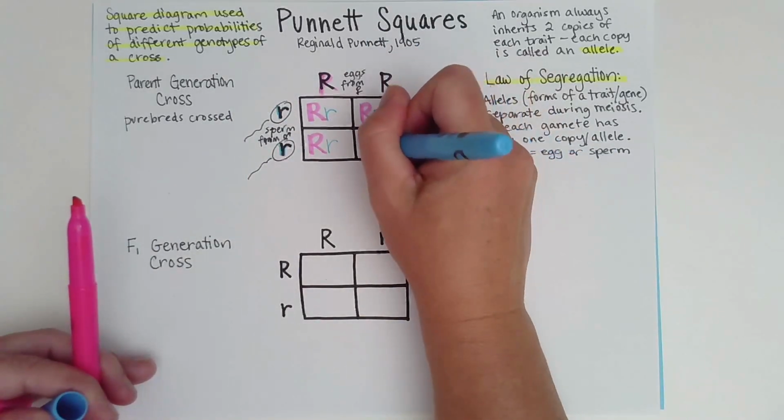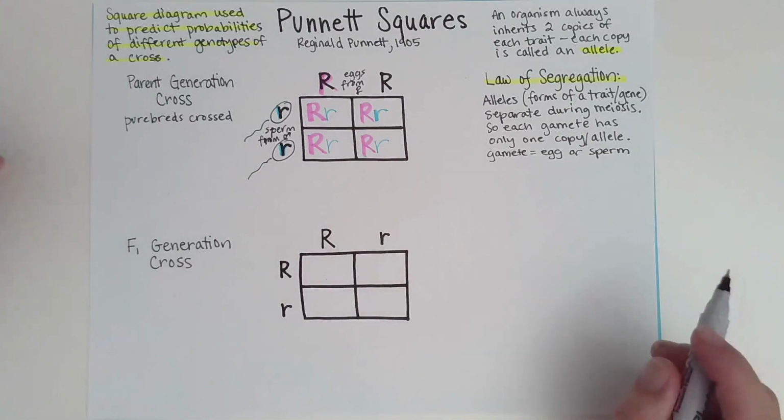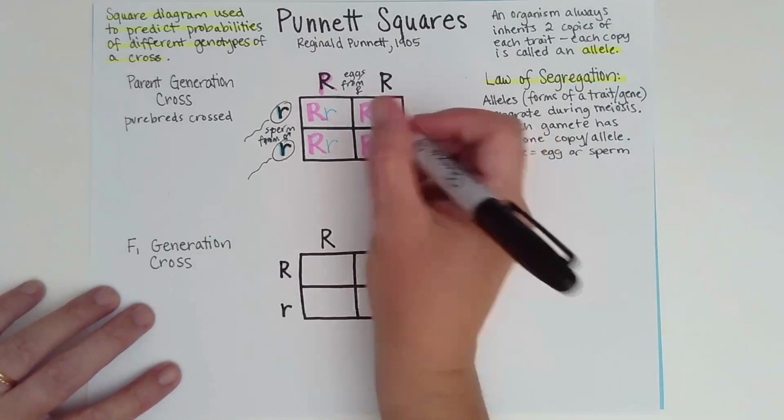So this Punnett square is a visual way for you to see and understand why 100% of the offspring that we already looked at on the previous page will display the dominant phenotype.